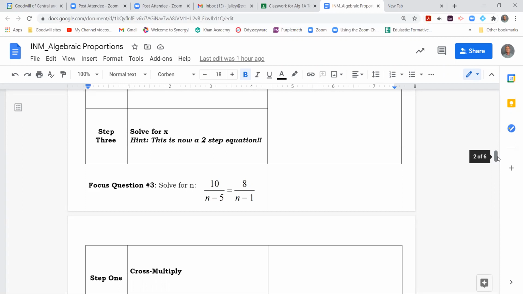This quantity times that. 10 times n minus 1. Whoops. No, that's n. Here's a quantity times this. Equals 8 times n minus 5. Okay, now all it did was just add another distributive property problem. I got one on each side now. And then n minus 10. 8n minus 40. Okay.